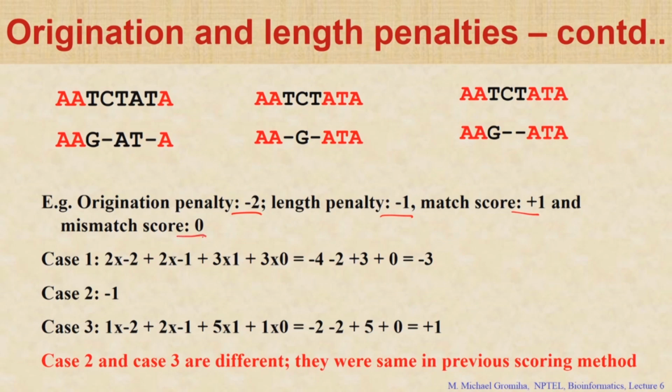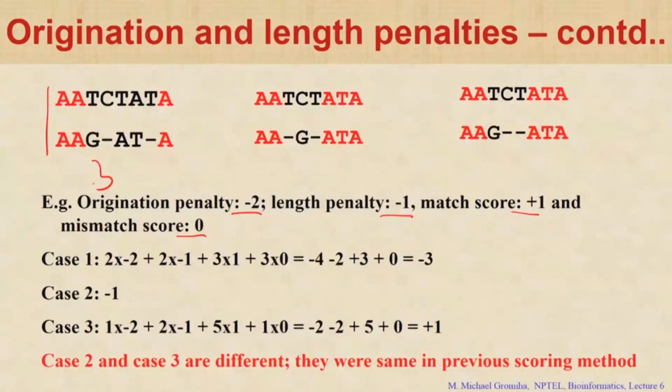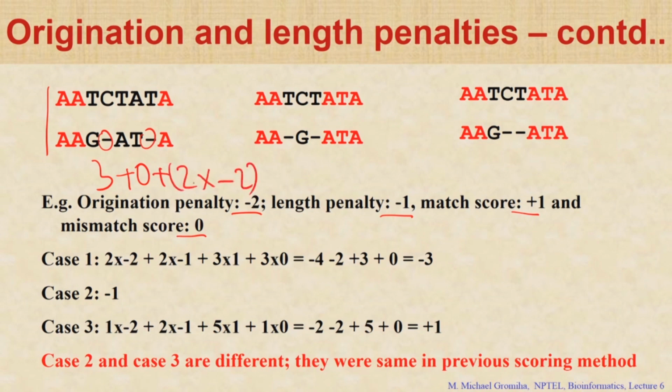If you do this, what is the score for the first alignment? What is the match score? 3. The mismatch score is 0 anyway. How many origination penalties? 2 times minus 2, since we originate once here and once here. So plus 2 into minus 2, and plus how many length penalties? 2 times multiplied by minus 1.